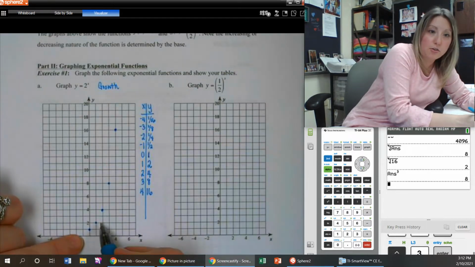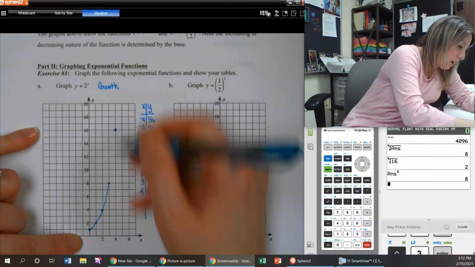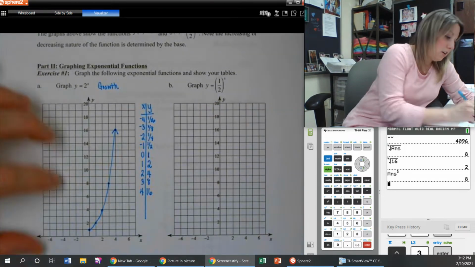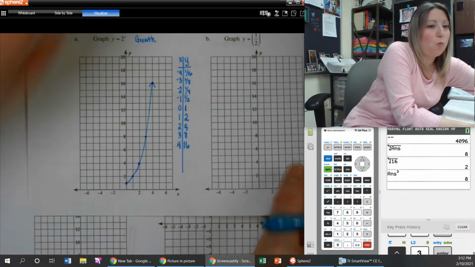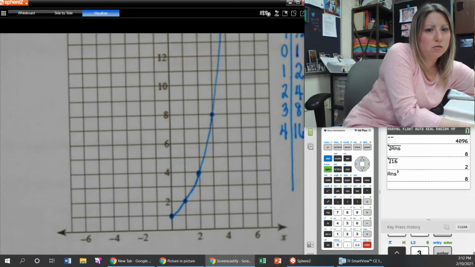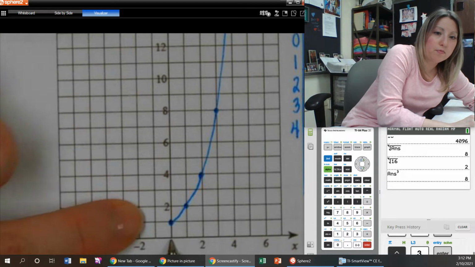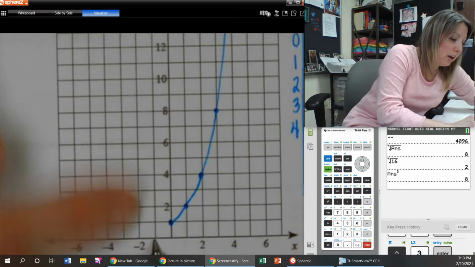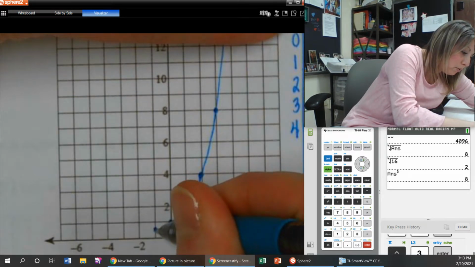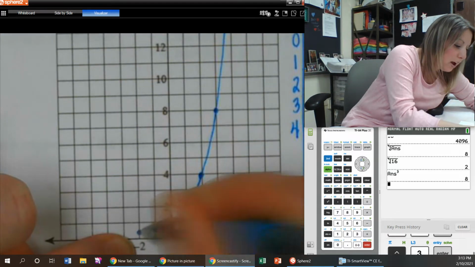Now let's head back the other direction. Let me connect what I have and notice I am at a rapid increase, real rapid increase. Well, let's go back here and zoom way, way in. And look, -1 as your x has a 1/2 as the y. So go halfway up. -2 as your x has a 1/4, so halfway between 1/2 and 0.